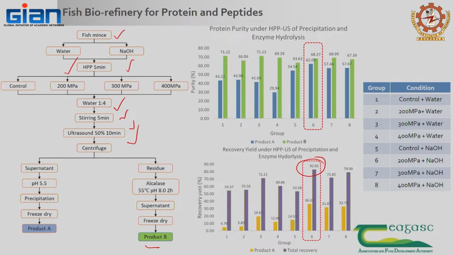So you use a technology based on your intention, 82% pure, and recovery is increased in every case. Only with water alone you have higher recovery. So that means high pressure was able to solubilize more of the protein into water.